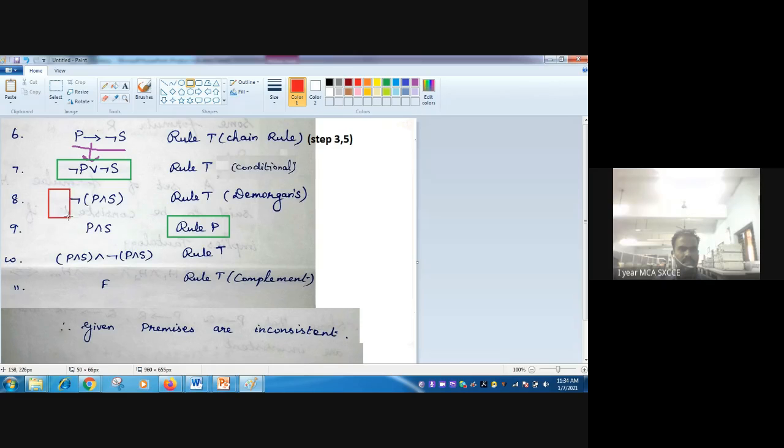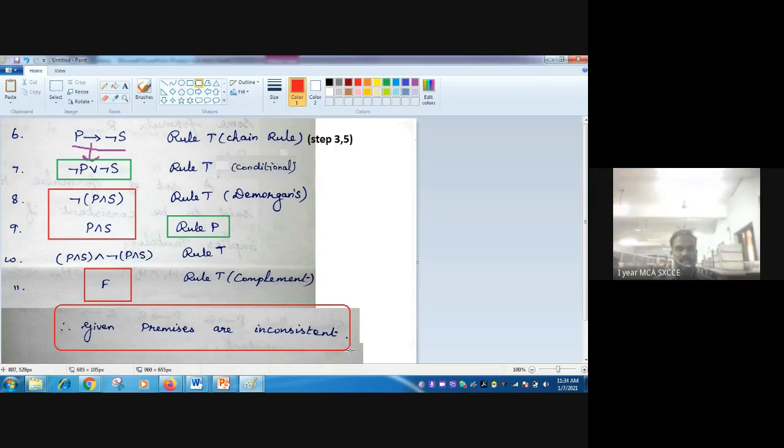We are combining step 8 and 9. Combining them, the same statements but only one has a negation. So we get a contradiction, that is F. Therefore, the given premises are inconsistent. Understand?